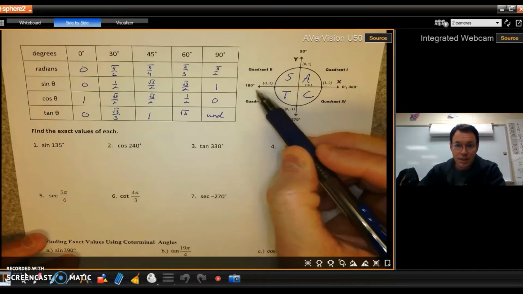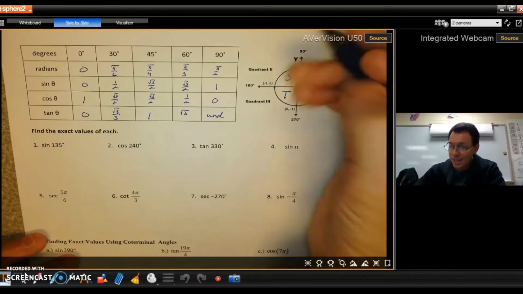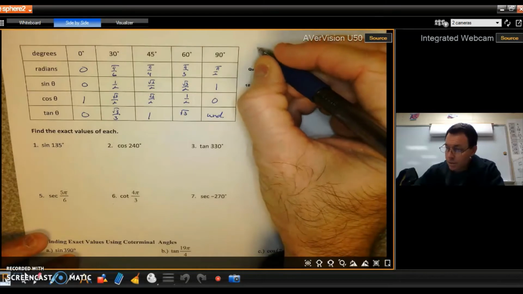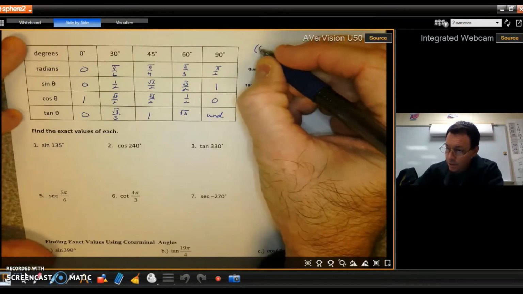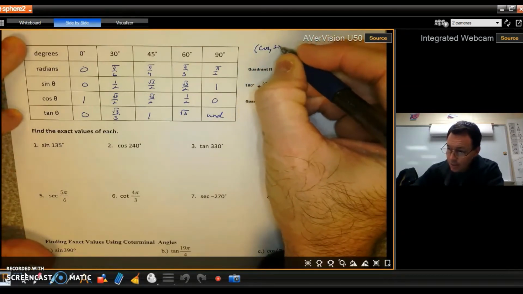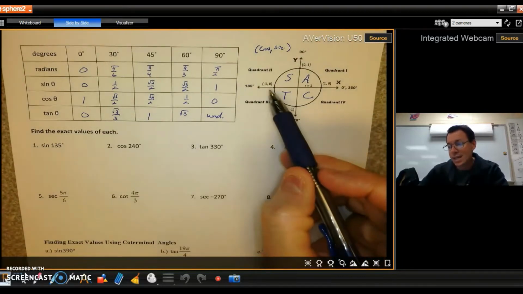Remember, when you're looking at a point, it's the cosine and then the sine value. So if I say to you, what's the cosine of 180 degrees?